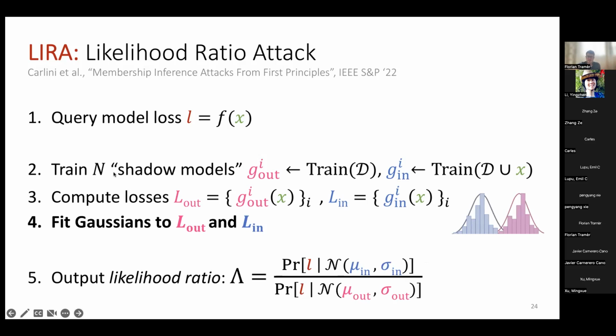And then we fit Gaussian distributions to these. What's nice is that the probabilities we need to compute the likelihood ratio test, we can now compute exactly, parametrically, by assuming that the loss distributions are Gaussian. And so the last step is just to calculate these probabilities given the parameters of the Gaussians that we estimated.